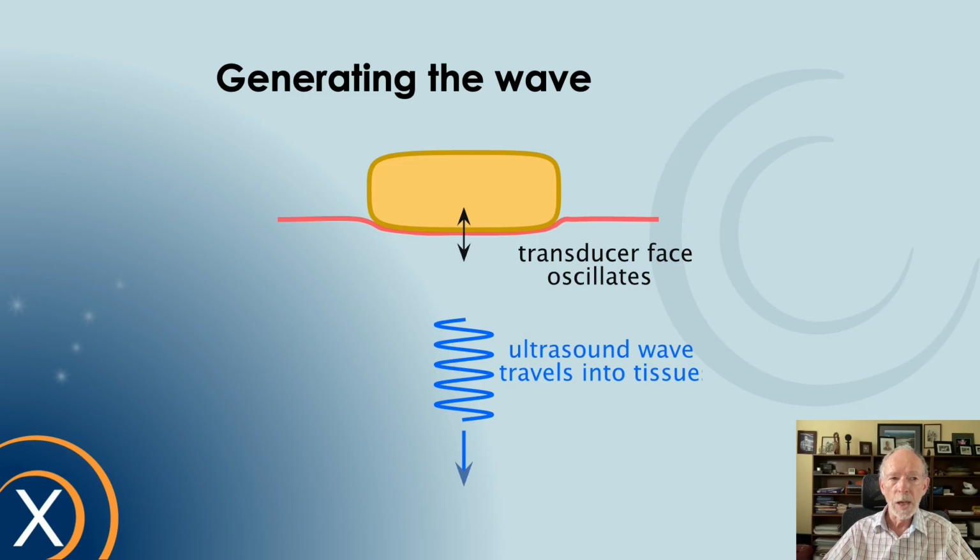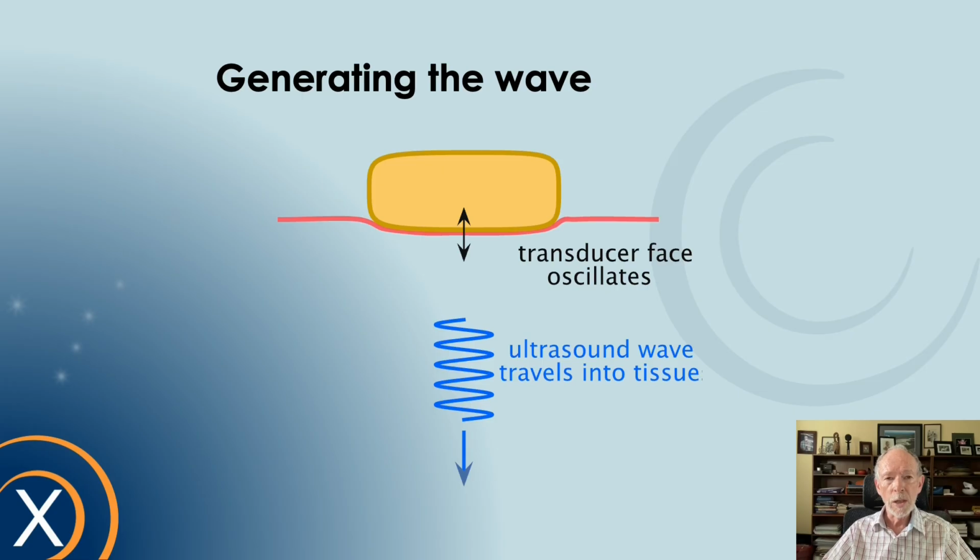Let's look at how the ultrasound wave is generated in diagnostic ultrasound. A probe is placed against the skin surface. The probe contains something called a transducer, which is the active element which can actually generate and receive ultrasound.